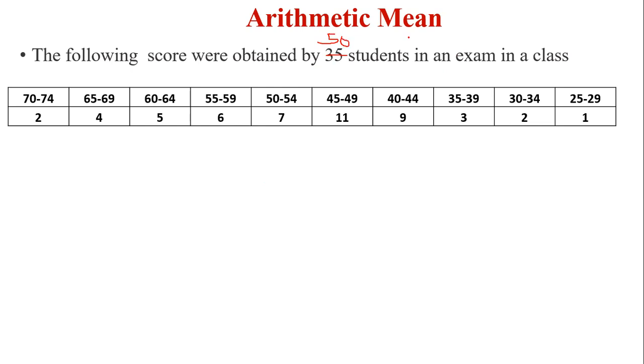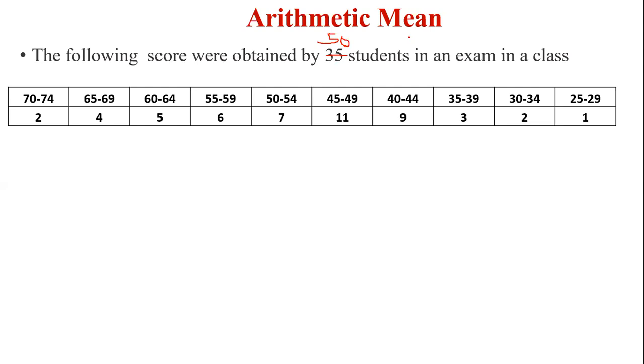And these 50 students have scored these marks, and the marks have been grouped from 70 to 74, 65 to 69, 60 to 64, and going down up to 25 to 29, with the number of students given below each group. So how do we proceed to get the mean of these marks?